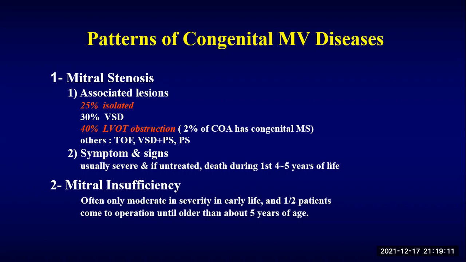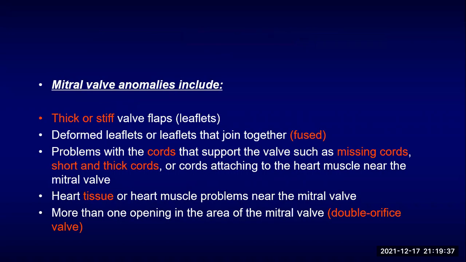As for signs and symptoms, congenital mitral stenosis is usually severe, and if untreated, it leads to death during the first 4 to 5 years of life. For mitral regurgitation patients, it is often only moderate in severity in early life, and to operate on these patients, we can wait until older ages, more than 5 years.